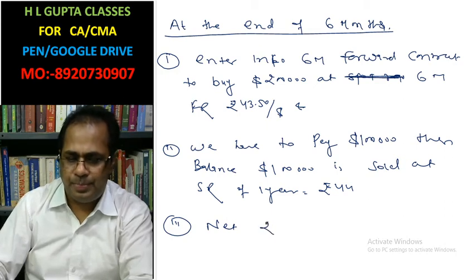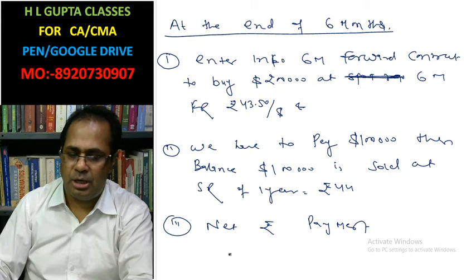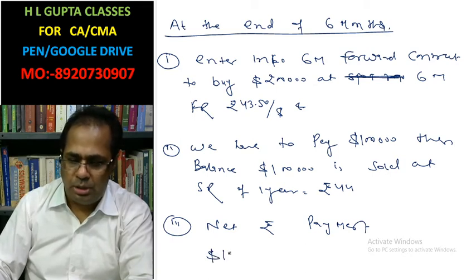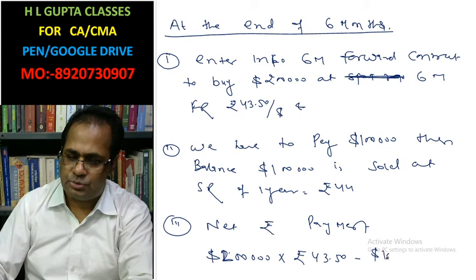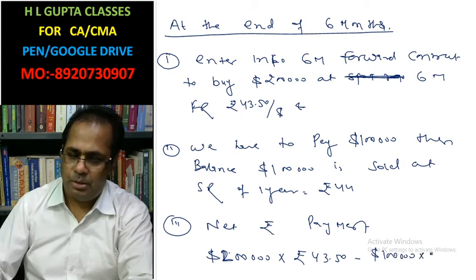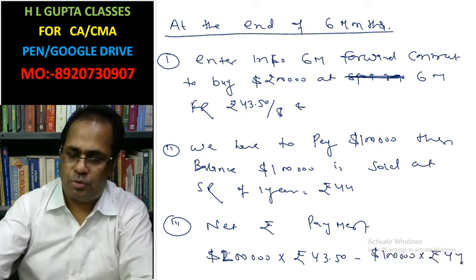Net rupees payment in this case: $2 lakh you will buy at the rate of rupees 43.50. $1 lakh is sold at the rate of rupees 44.